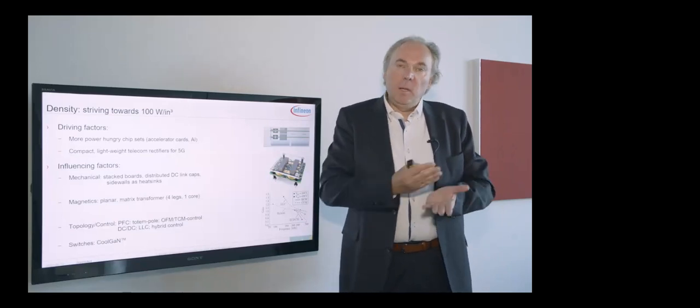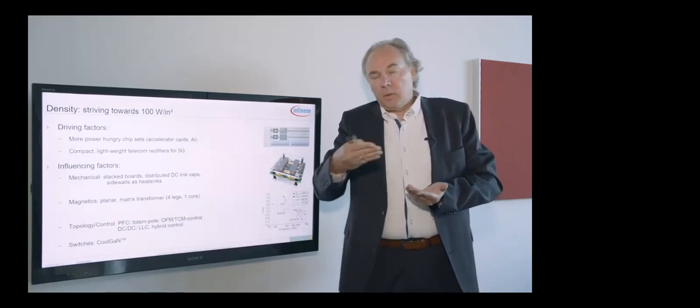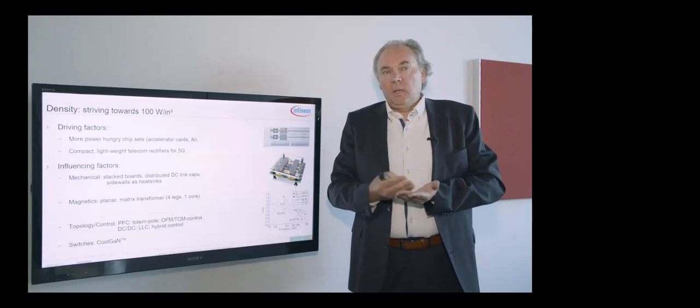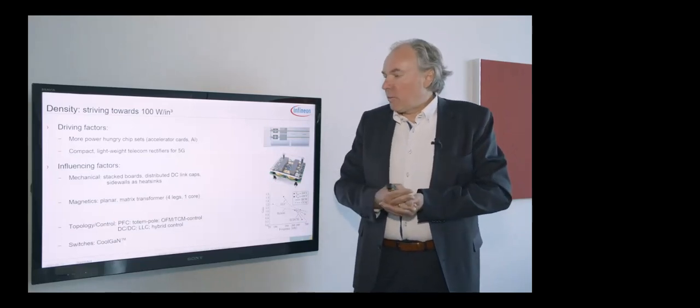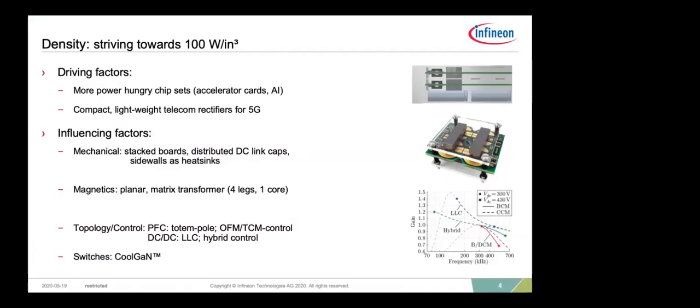This helps to eliminate any circulating current on the secondary side and to further enhance the efficiency. We're using a combined control scheme of LLC and boundary mode, bringing together these 2 control concepts in a concept which we call hybrid control.